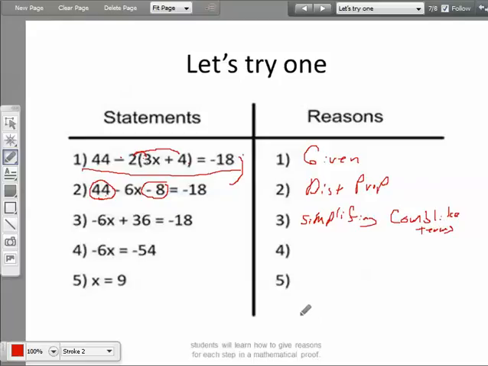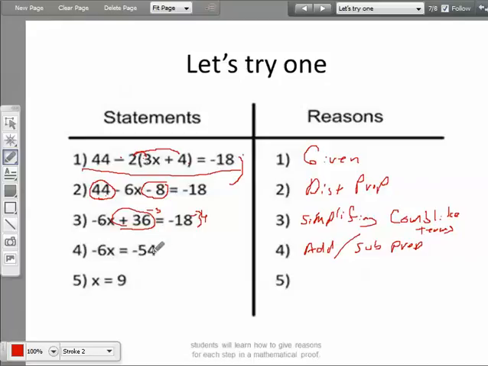Okay? That's all that happened going from 2 to 3. Now, going from 3 to 4, let's see here. Well, the 36 disappeared, didn't it? They had to subtract 36 from both sides. So what did they do there? Well, it was either the addition property or the subtraction property. Either way you want to phrase that would be correct.